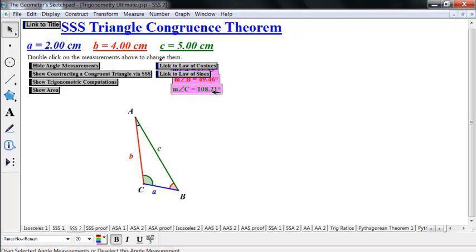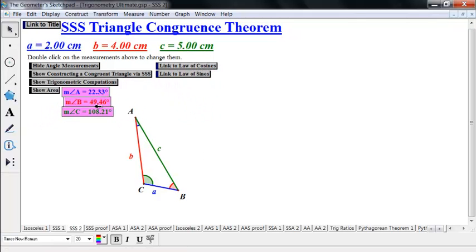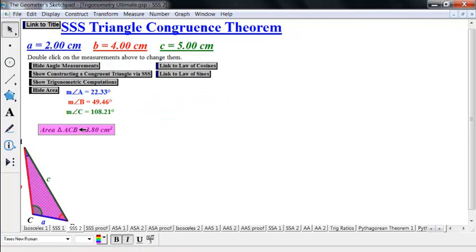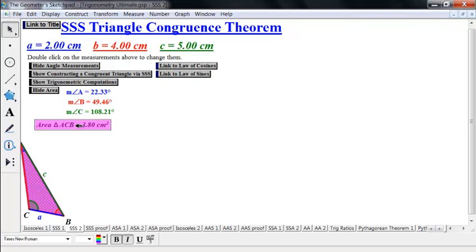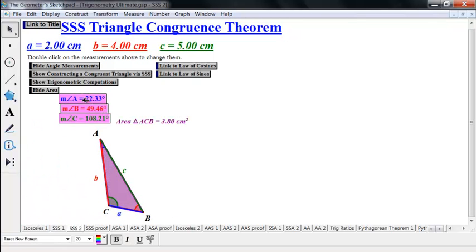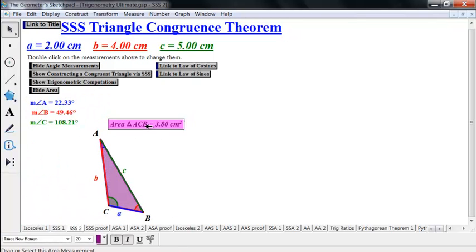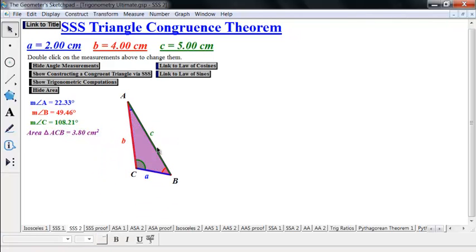And we should be able to figure out what the angle measurements are. We can also compute its area. And we have that. Now, how do we go about computing those angles?